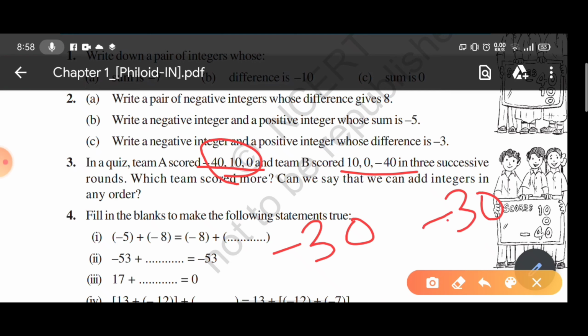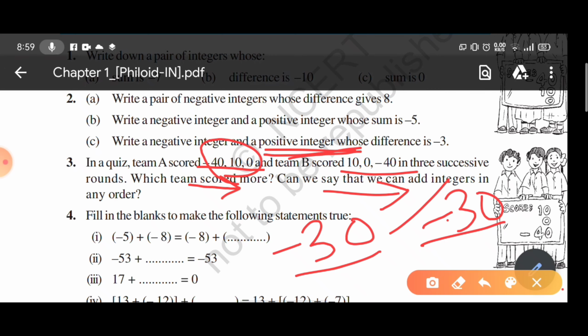So can we say that we can add integers in any order? Yes, we can add integers in any order as the result is the same. Here I added the values like this, and here I added the values like this. The order is not the same in both conditions, yet the answer is the same. That's why we can say that we can add in any order.